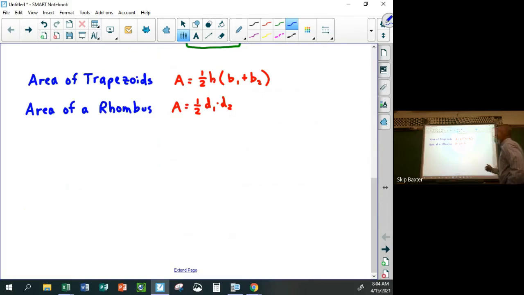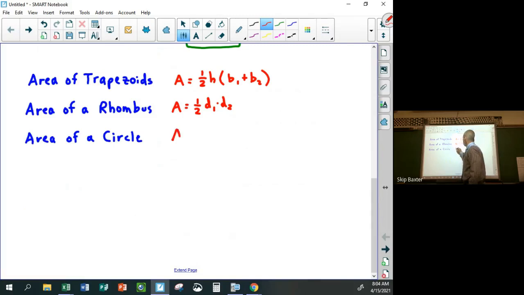Okay. Then we did area of a circle. So this was area equals pi r squared. And we also talked about circumference of the circle.